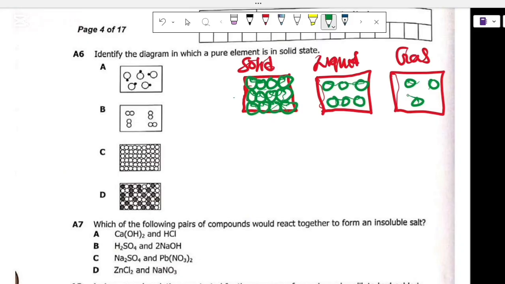Now, for the sake of this question, we are just going to look at this. Next time, we are going to discuss more on what is happening here. But just looking at the arrangement of particles, we can look at the question. But let's first define a pure element or a pure substance. What is a pure substance?